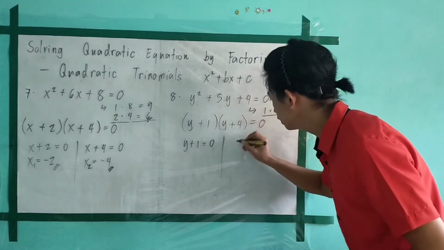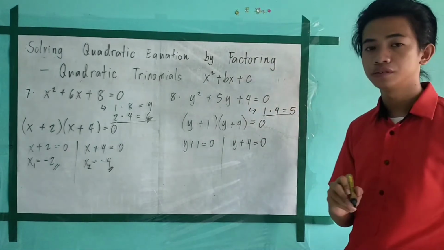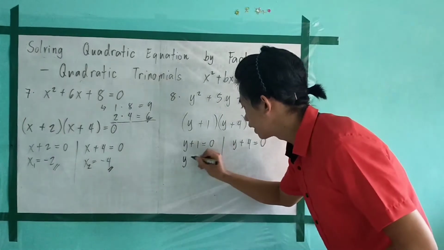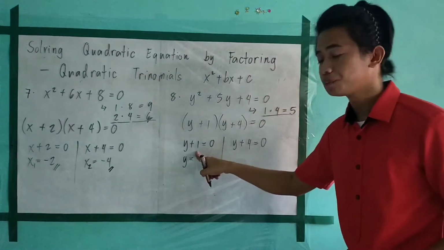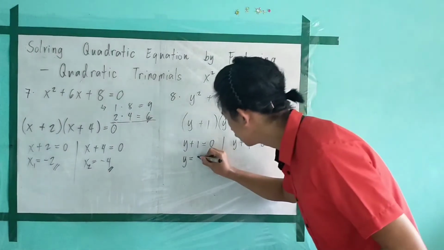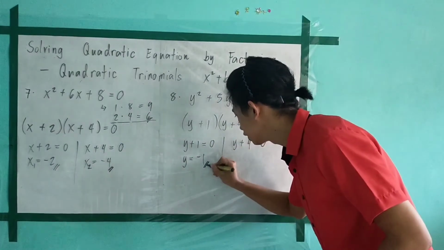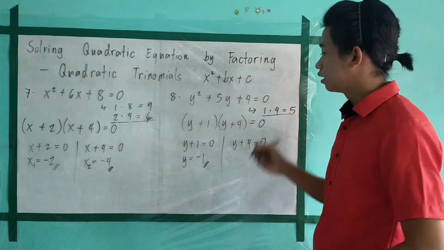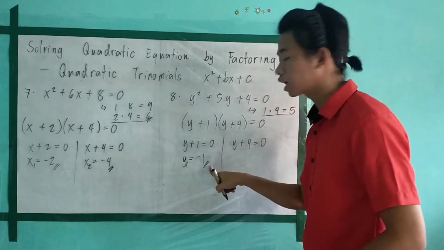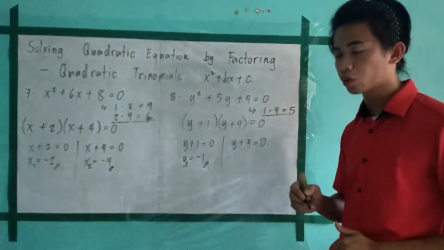And the other one is y plus 4 is equal to 0. So, y is equal to, transpose natin yung positive 1, magiging negative 1. So, that is our y sub 1. This is our y sub 1 now, or the first solution of our given problem.